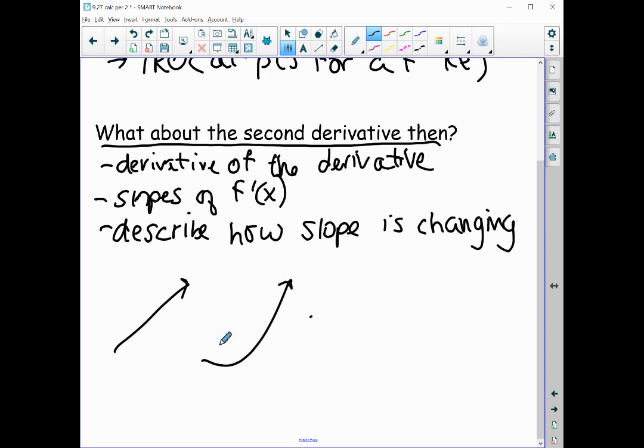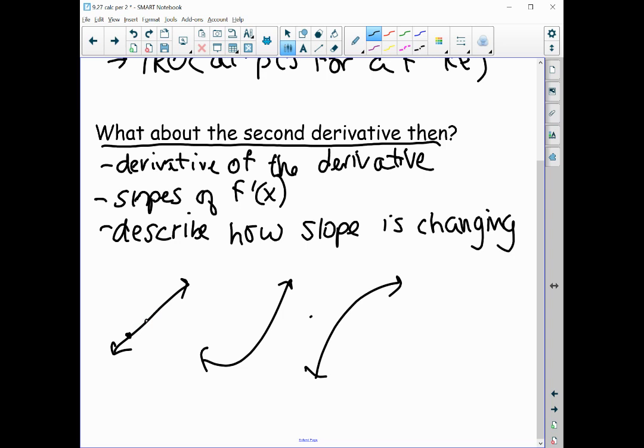The slope of all three of these functions, you could say that the slope of all three of those graphs is positive. All the points have positive slopes. So f prime of x would be positive on all three of those pictures. But if you look at them, they are different. Because the slope of each one is not the same between them, the slopes are different.